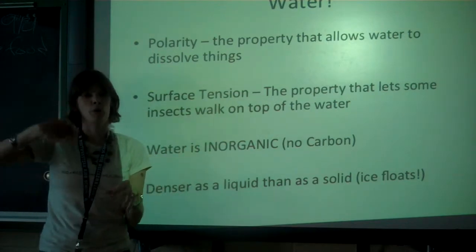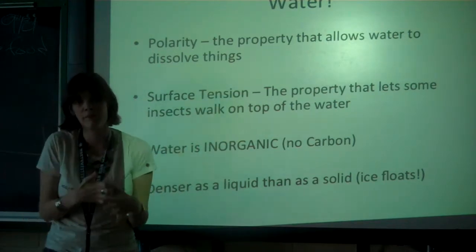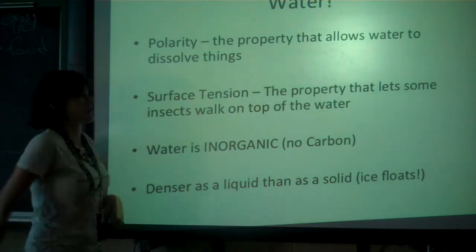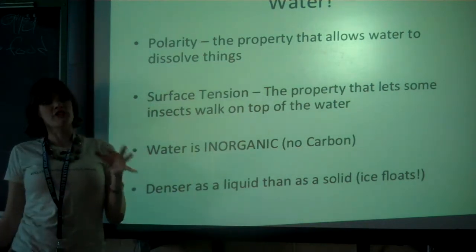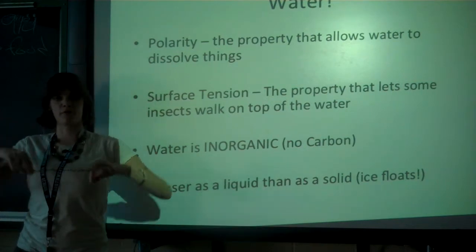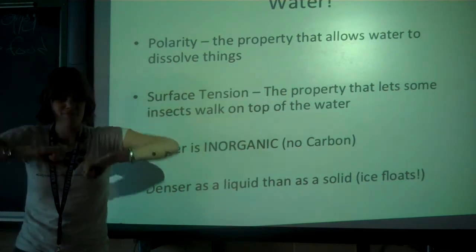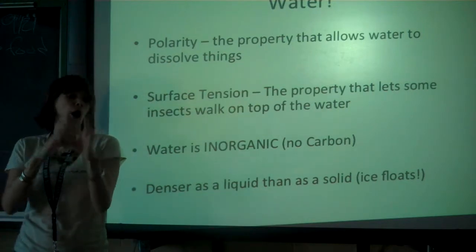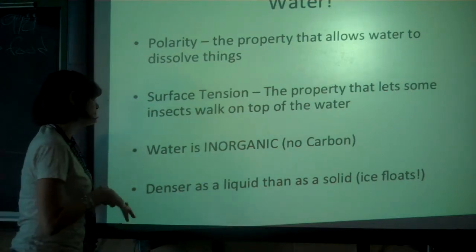That's why when you pour salt into water and stir, the salt disappears. We also want to talk about surface tension. Surface tension is the tendency for water molecules to kind of stick together, and that allows small bugs to walk on top of that water.